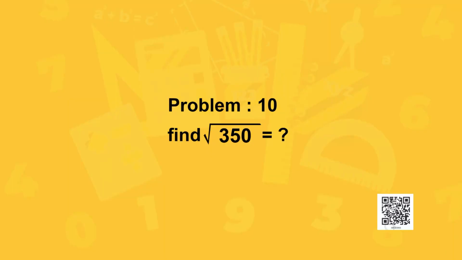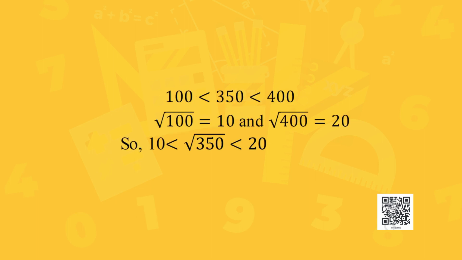Now, in a similar manner, let us try to estimate the square root of 350. We know that 100 is less than 350, which is less than 400. Since the square root of 100 is equal to 10 and the square root of 400 is equal to 20, it implies 10 is less than square root of 350, which is less than 20.